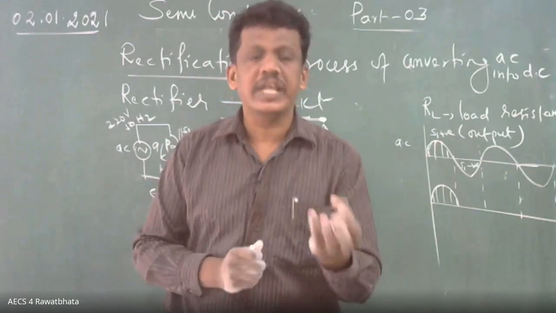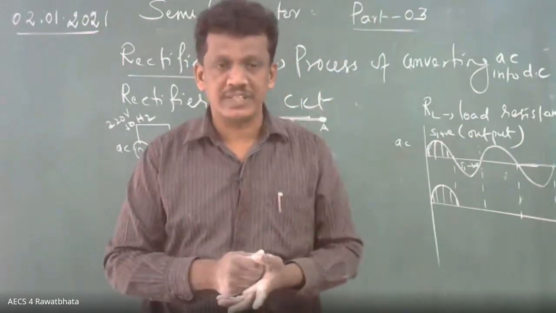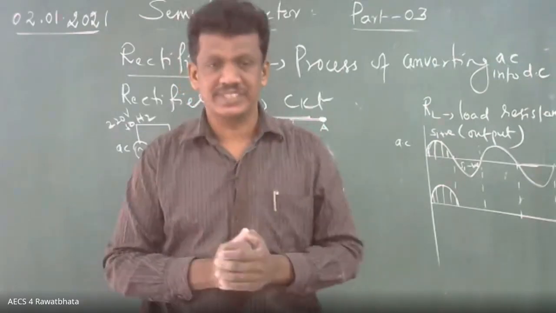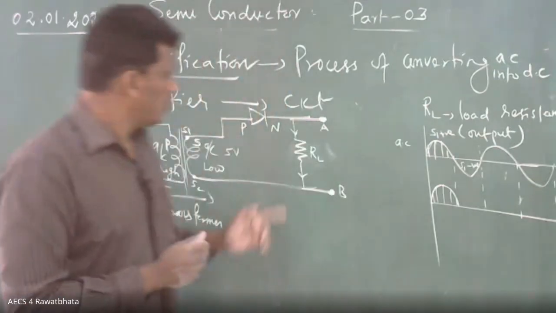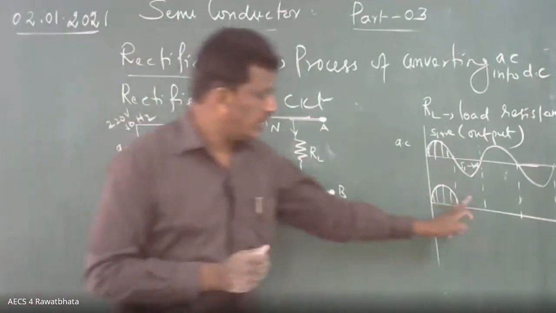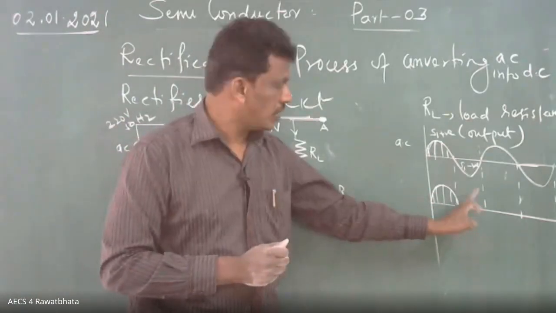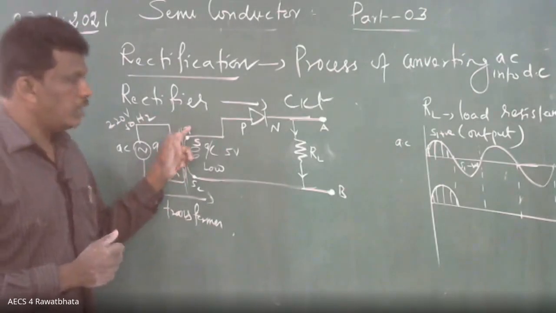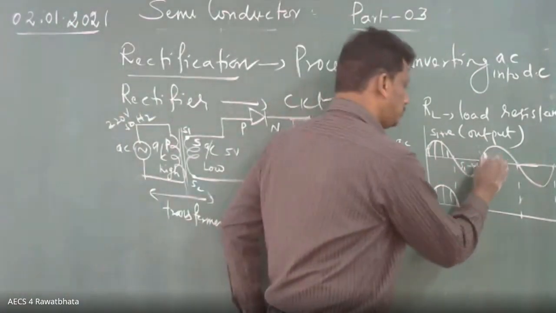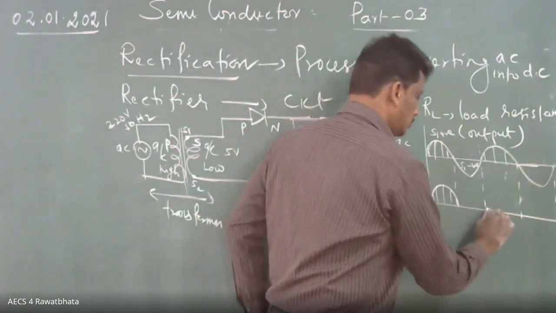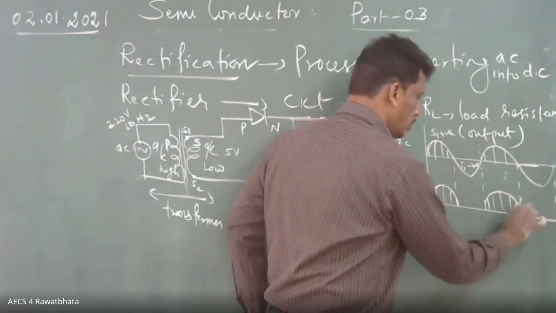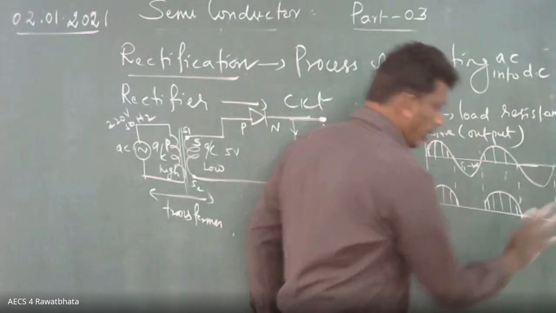How much current? 10 power minus 6 ampere, whereas in majority it is 10 power minus 3, a thousand times more. So no current you will get. Similarly, next, again positive, you will get output, and again no current.